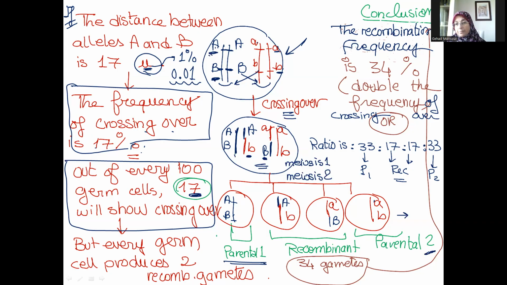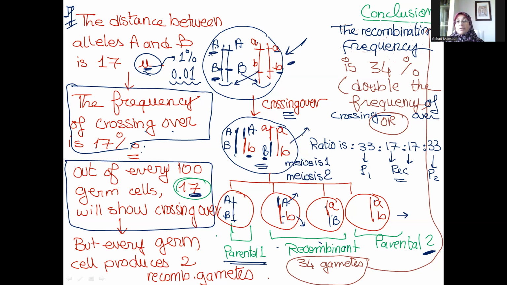And then we have a parental 2 gamete that is similar to the second maternal chromosome. And in between them, we have recombinant gametes that contain recombinant chromosomes, apart from the paternal and apart from the maternal. And since they contain recombinant chromosomes, we call them recombinant gametes.